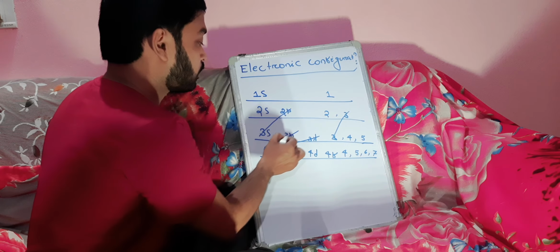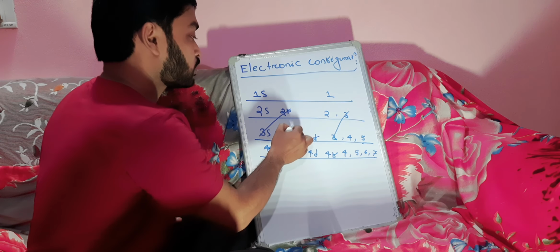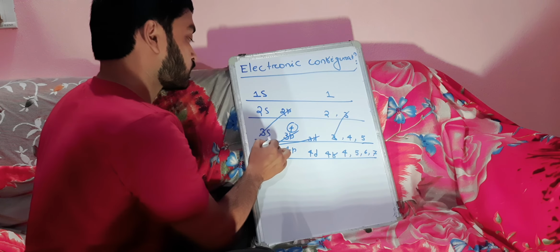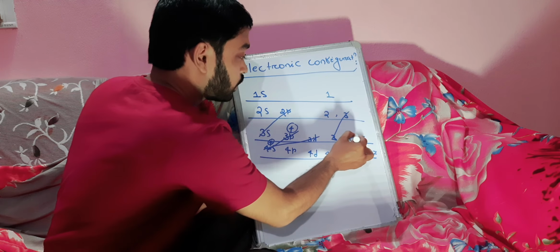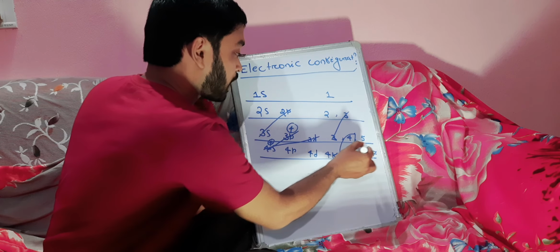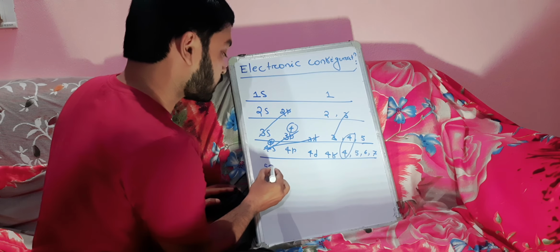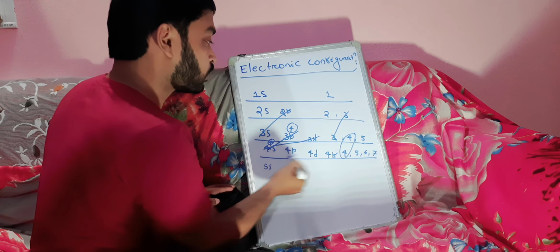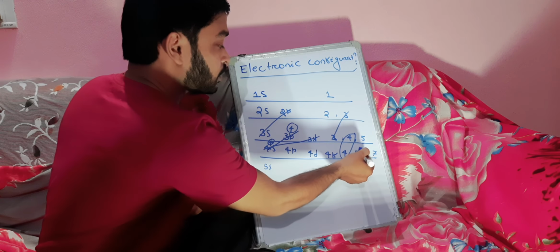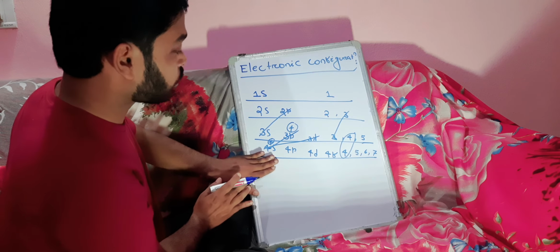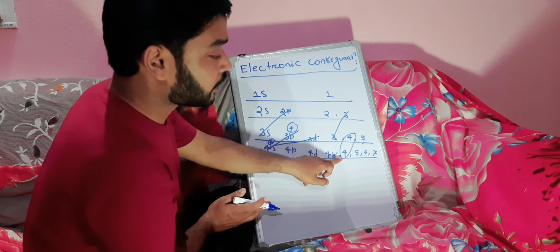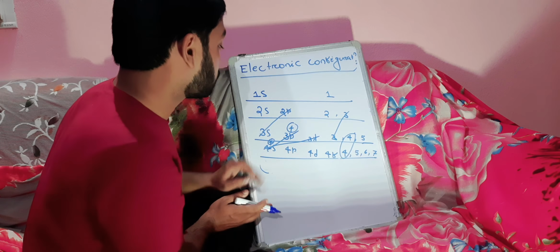So 3p has the energy value 4 and 4s has the energy value 4. So I am taking you till 4 because the 5s has the energy 5. If we go for 6, then we can skip the 5s orbital. So I am remaining till the 4 energy level.